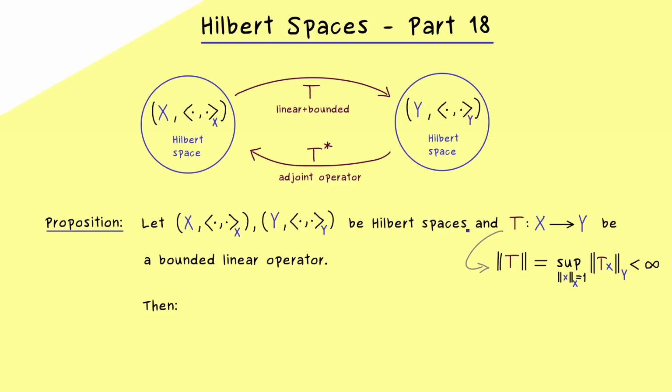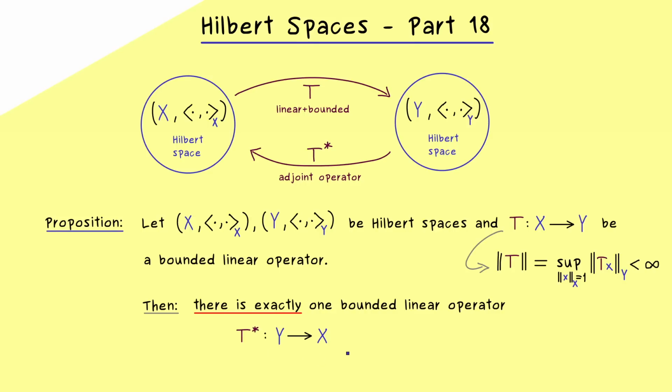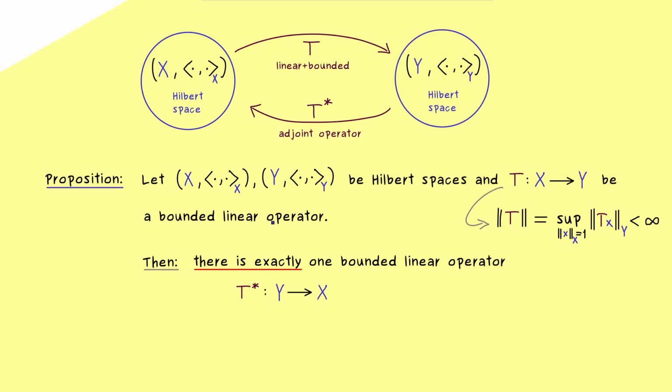So here we have all the assumptions we need, and under these we can conclude that we have an operator going from y to x as well. And moreover, besides the existence, we also have uniqueness in the sense we will explain now. So clearly t star is not just any operator from y to x, but it also should satisfy something in the inner product.